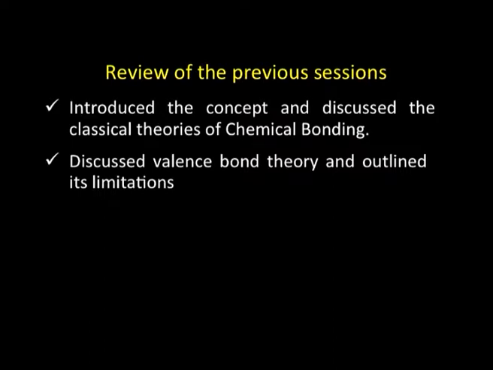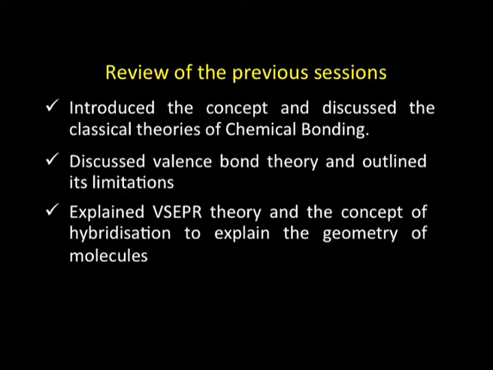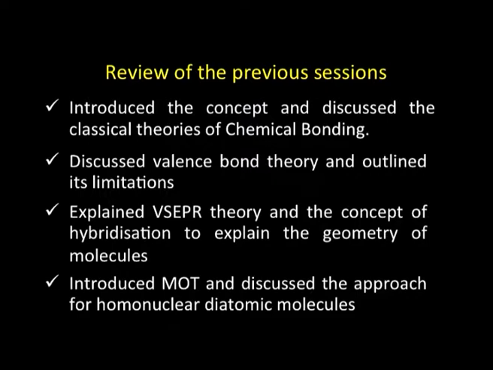Then in the process, we also took up two things, one is VSEPR theory, and secondly the concept of hybridization to explain the geometry of molecules. And thereafter, we introduced the concept of molecular orbital theory and discussed the approach for homonuclear diatomic molecules. So, that is what we have done so far.